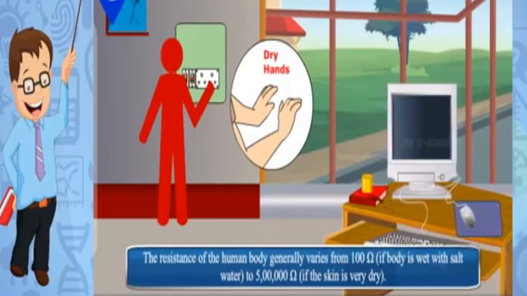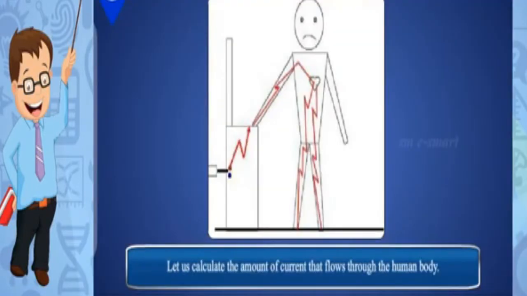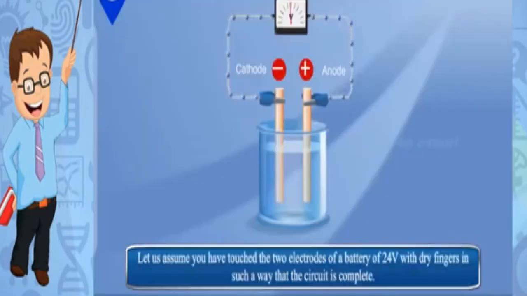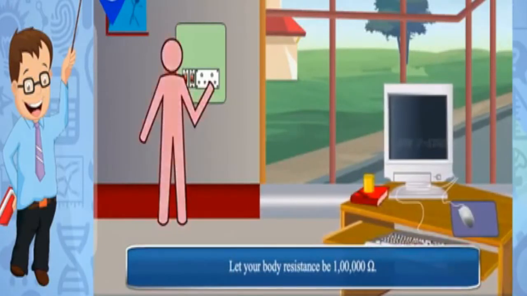Let us calculate the amount of current that flows through the human body. Let us assume you have touched the 2 electrodes of a battery of 24 volts with dry fingers in such a way that the circuit is complete. Let your body resistance be 1 lakh ohms.